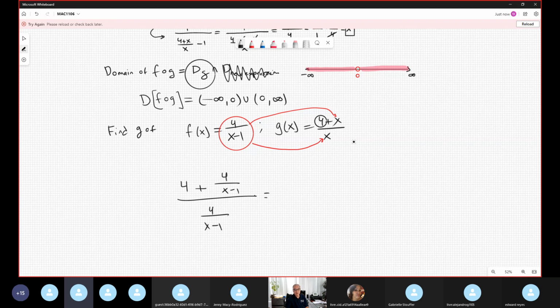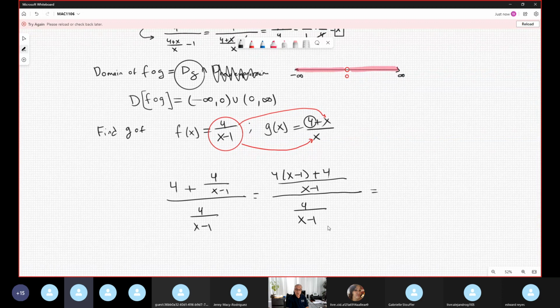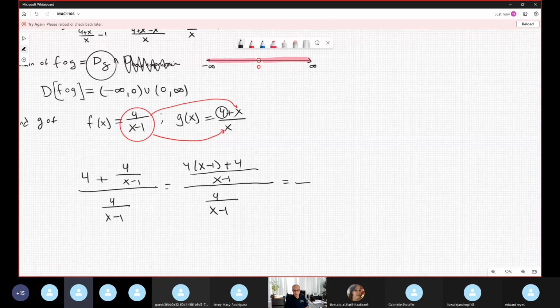It's my new complex fraction. No problem. Define the LCD. It's x minus 1. Because you have 4 times x minus 1 plus 4, divided by 4 over x minus 1. Okay, don't touch for a moment. Okay, you distribute it. And when you distribute, at the top, we have 4x minus 4 plus 4, over x minus 1.